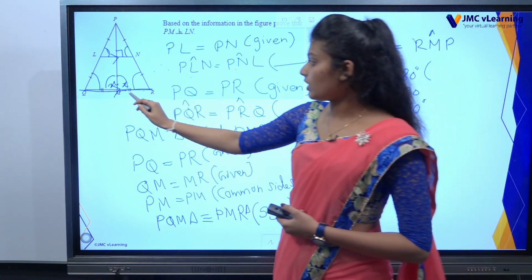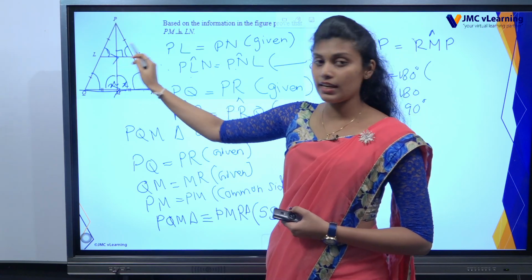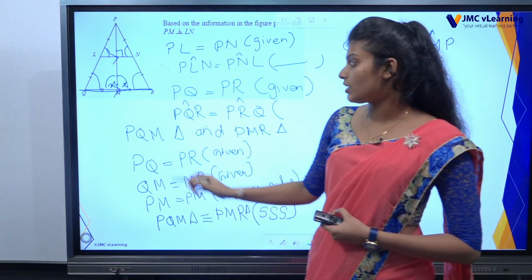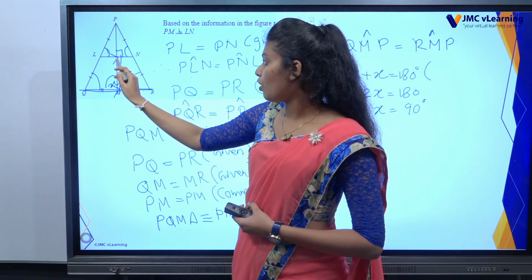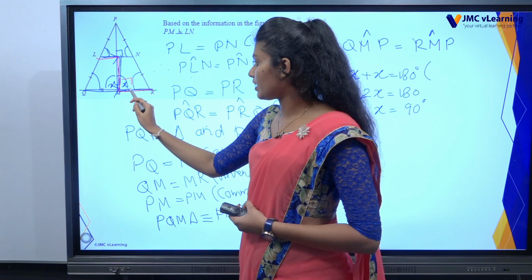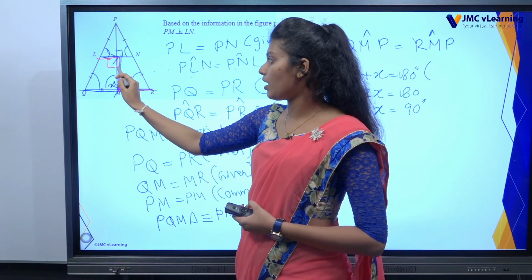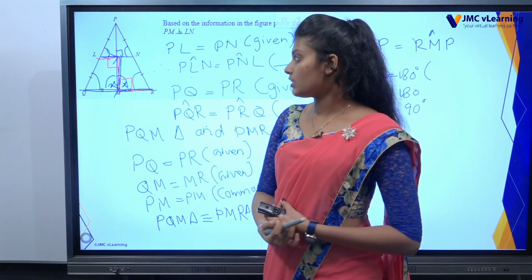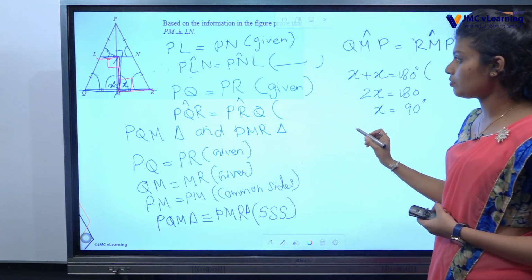So here this QR and LN are parallel to each other. Here you can take the alternate angles. When you take alternate angles, this one is 90 degrees, that means this part also 90 degrees. Then let us write that one.